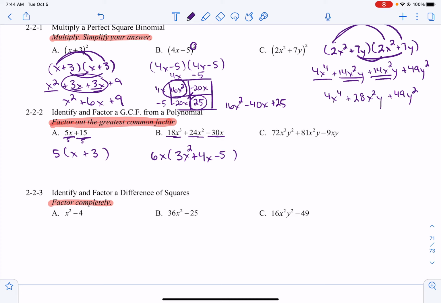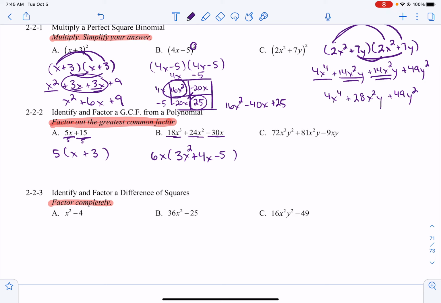X divided by another x is nothing. Well, it's 1, but we don't write it because we're multiplying. So I just am left with negative 5 on the inside. Okay. Now, if I wanted to check my answer, I could distribute that 6x to everything and make sure I get the same answer I started with.